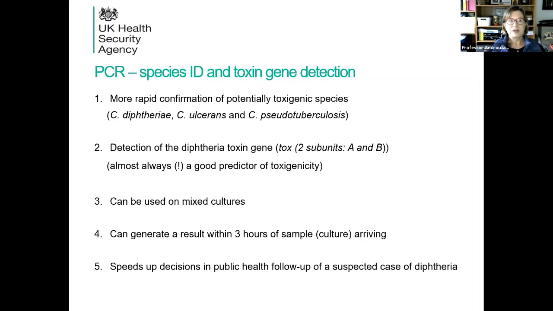For biological expression, it's absolutely important to confirm any positive PCR result with the Elek test. It can be used on mixed cultures and it can generate a result within 3 hours. And it's extremely useful because it can help in public health decision-making of a suspected case of diphtheria.